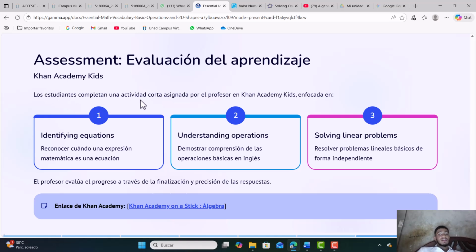Now, when is a mathematical expression an equation? This demonstrates comprehension of the basic operations in English and solving basic linear problems.